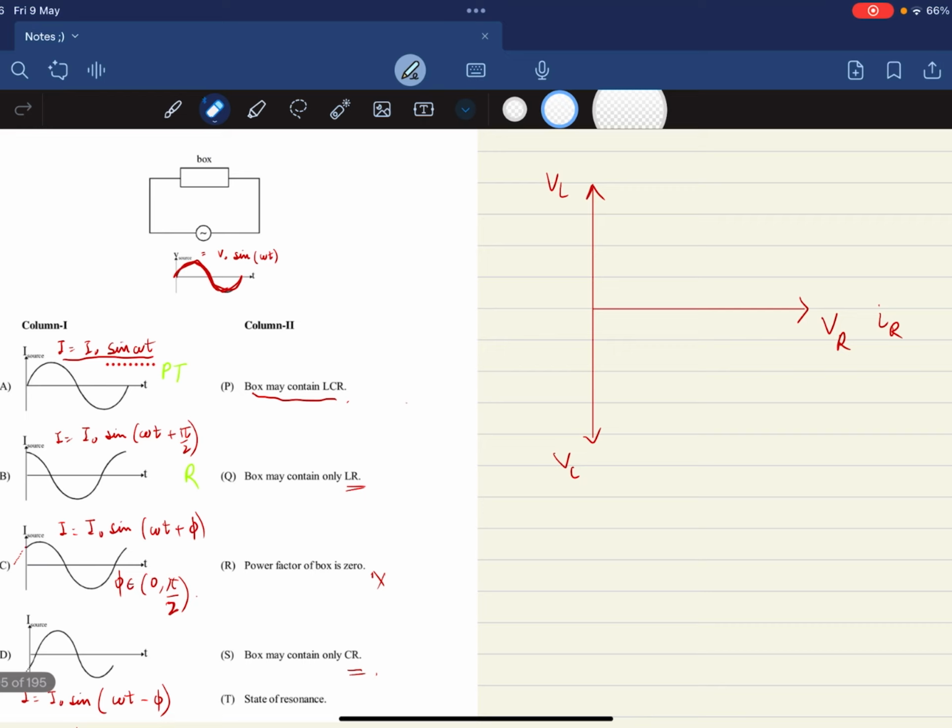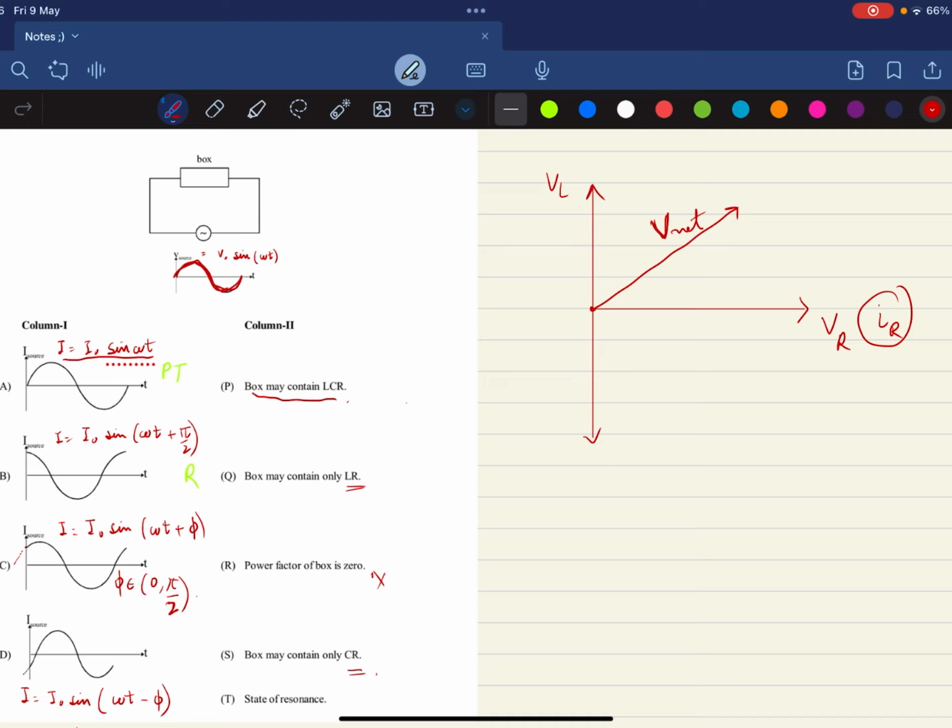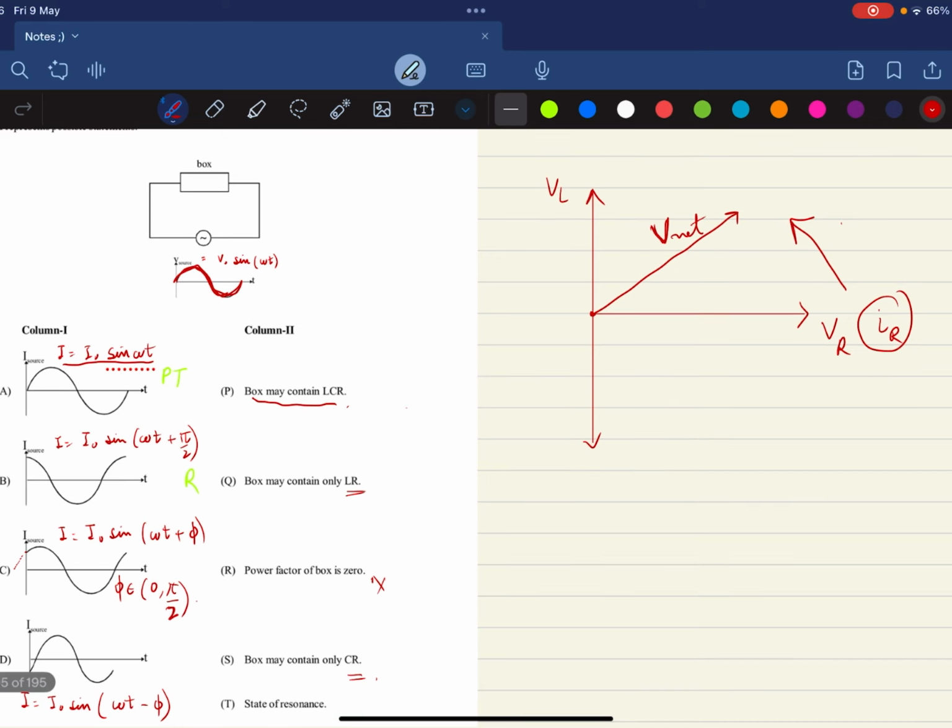Now let's assume that VC is 0. So the final voltage will be as such. This will be the V net. The phasor of V net will be like this. And since we have to add something to IR to get to V net, so voltage is ahead. We can say voltage is ahead in this case.